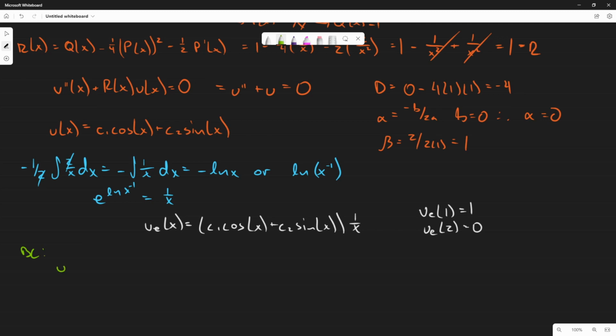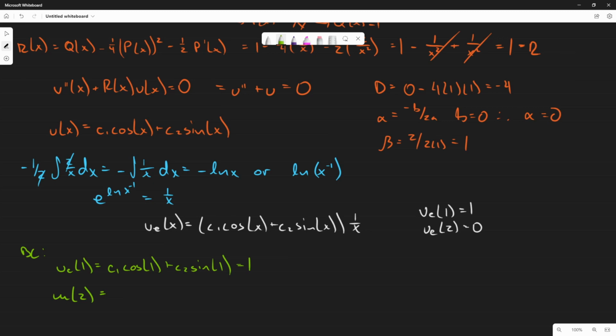If we let u of 1 and substitute it in, we will get 1 over 1 multiplied by c1 cosine of 1 plus c2 sine of 1, and this is going to be equal to 1.